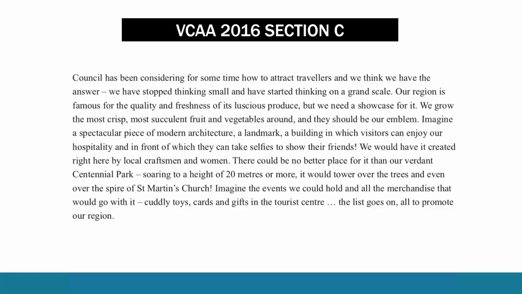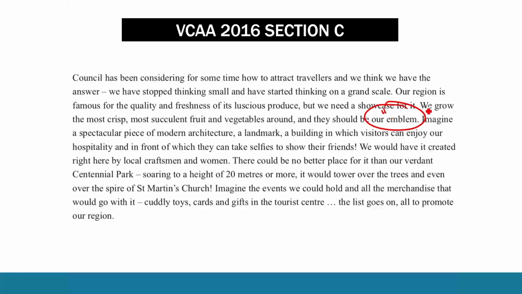You could honestly pick anything and there's no right answer, but I think what I'll do is talk about how she wants something to become the town's emblem, so our emblem. In terms of phrasing it, all you need to say is the author's suggestion of the giant attraction becoming the town's, quote, emblem is reflected in the visual.